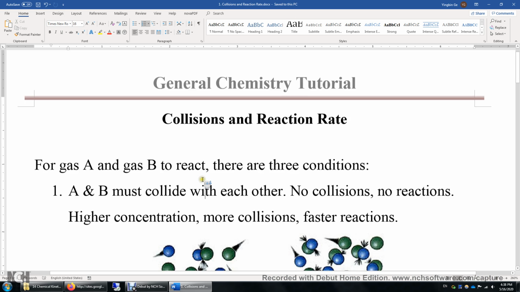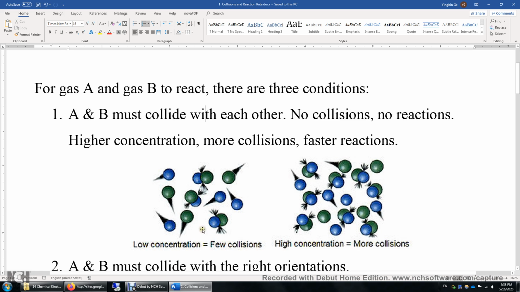And also, within the same volume, if we have more A and more B, well, over here, you have a higher concentration of A and a higher concentration of B. Therefore, we have more A's and more B's within the same volume. There's going to be more collisions within the same time period, and therefore, we observe higher reaction rates on the right-hand side.